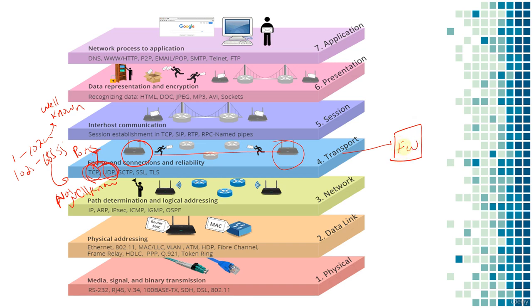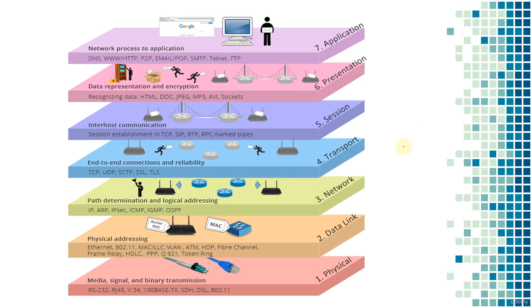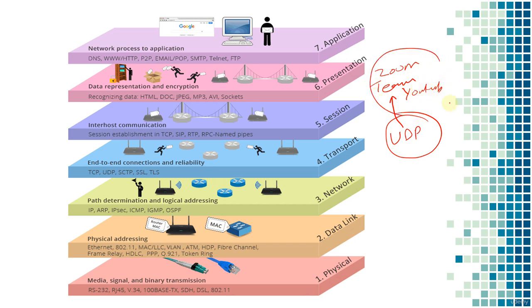And by the way, most organizations currently block UDP because most of your communication like Zoom, Teams meetings, YouTube, they are using RTP, Real-time Protocol, over UDP because this is unreliable, and we will talk about TCP and UDP in the next segment.